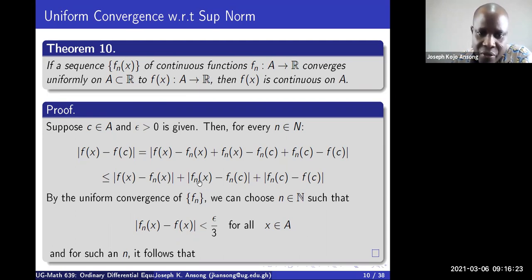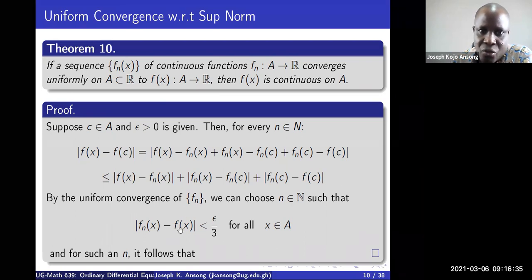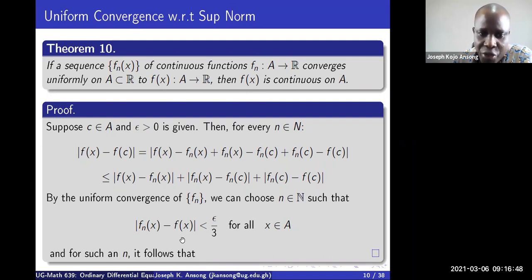If you use the definition of uniform convergence, then we can choose an n in N such that the absolute value of f_n of x minus the function to which it converges, f of x, is less than epsilon over 3 for all x in A.